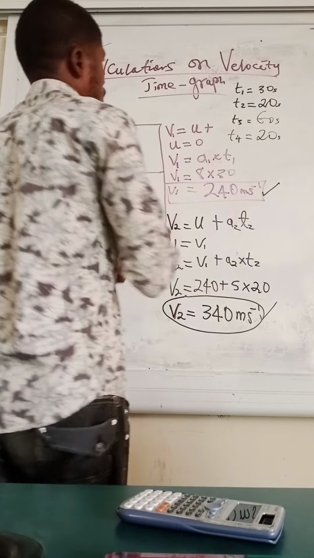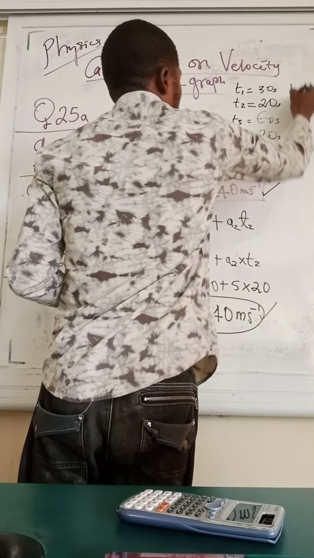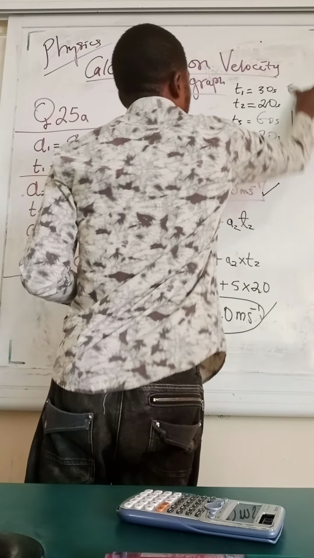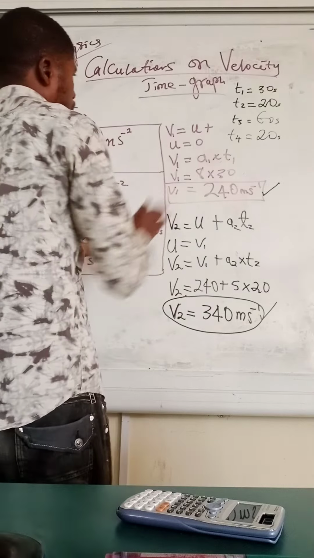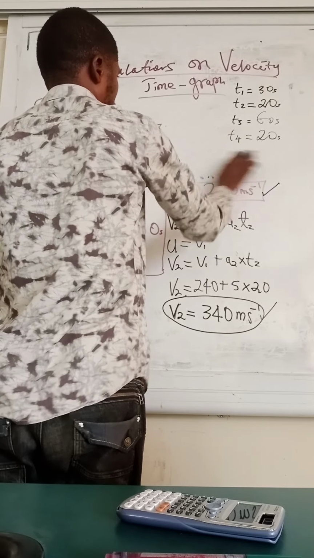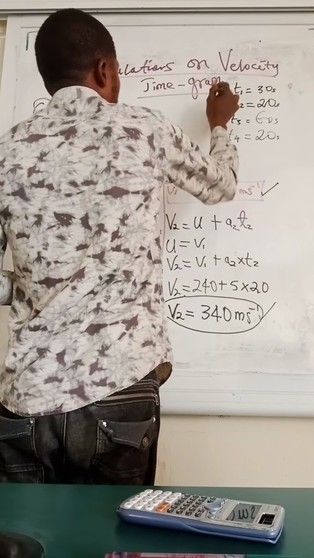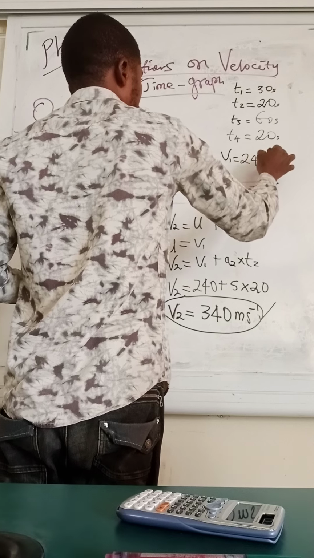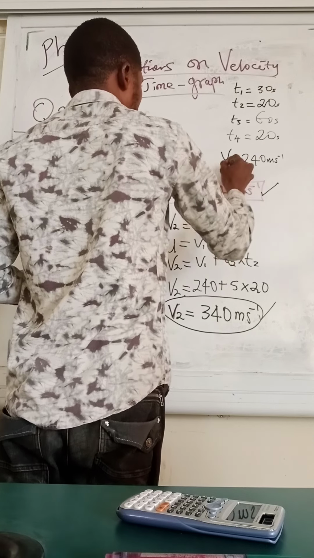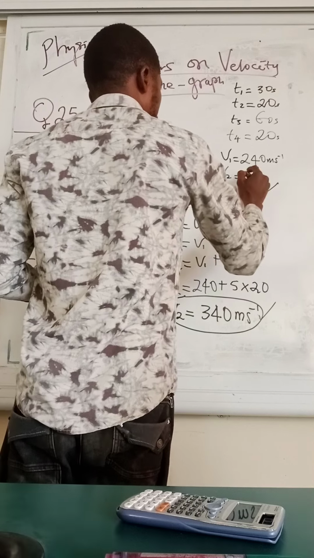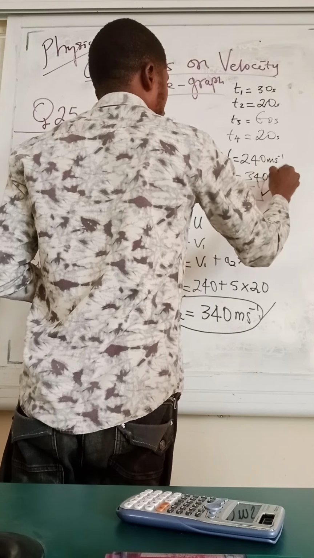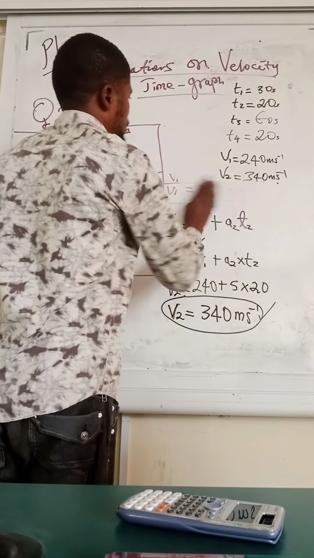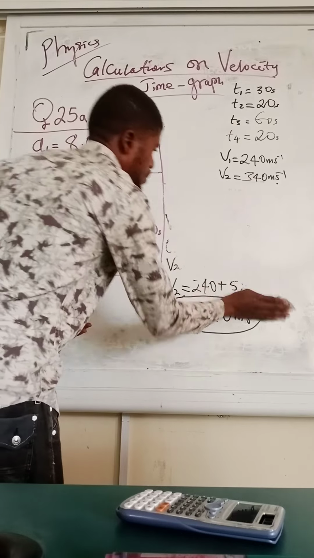Against all this, our V1 is given as 240 meters per second, and our V2 is 340 meters per second. So with this information, we are free to plot our velocity time graph now.